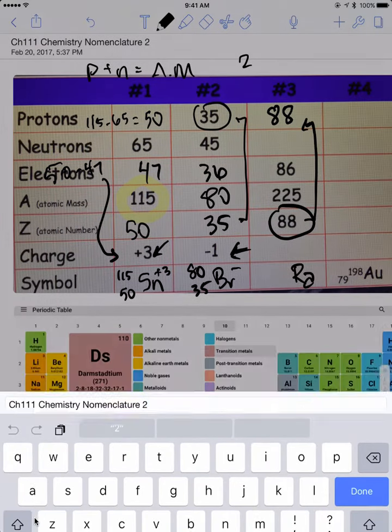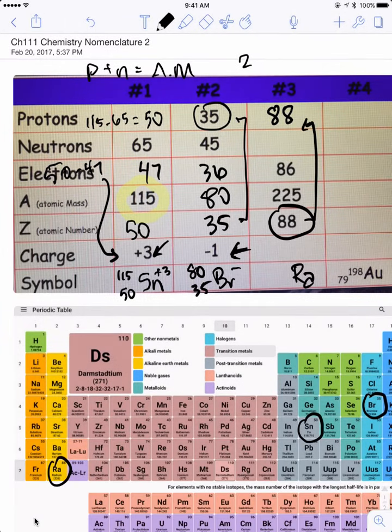from 88, and that will give us the number of neutrons. So in this particular case, 225 minus 88 gives us 137 neutrons.